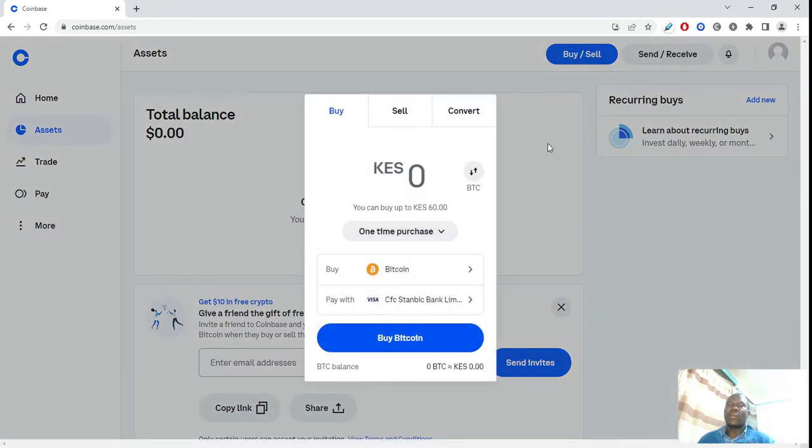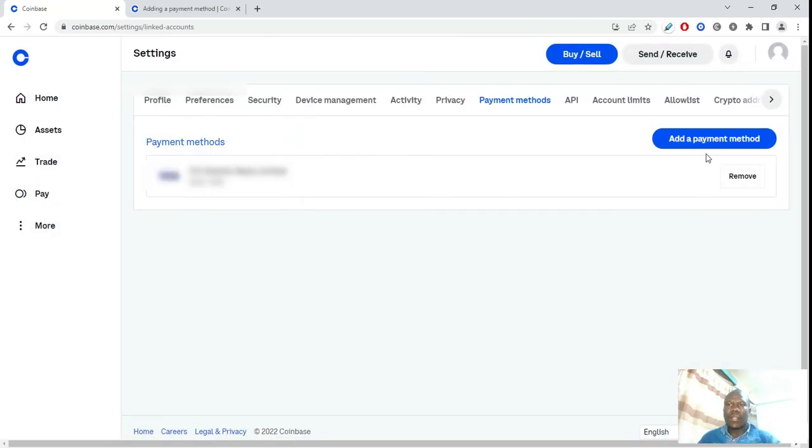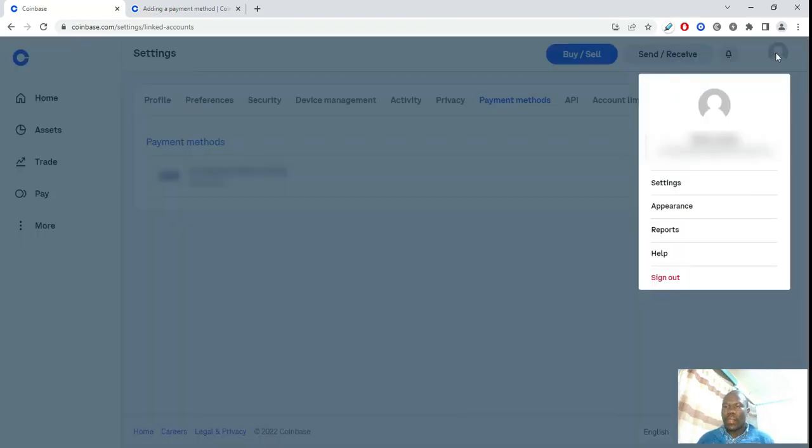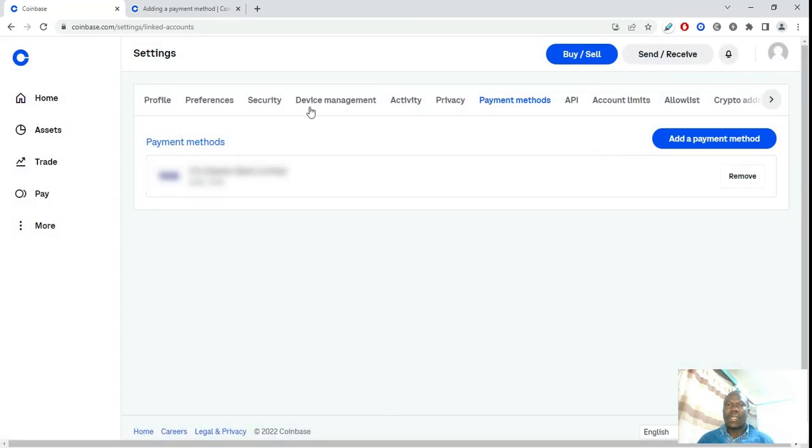Buying and selling cryptocurrency via a card is normally expensive. This is the payment method that we had added while we were signing up for Coinbase. And if you want to add another new payment method, you just click the account logo here, and then you come to settings. When you come to settings, then you come to payment methods.